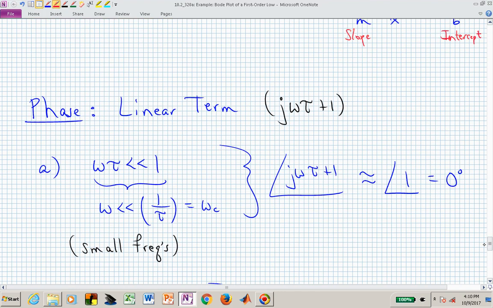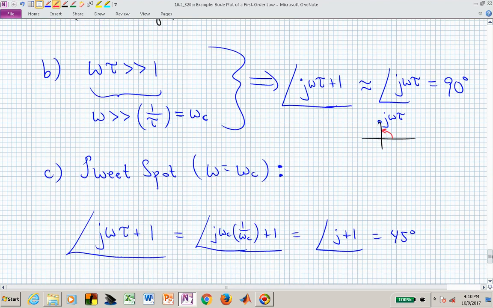Anything a factor of 10 less than the break frequency, we're going to approximate as 0 degrees. What do we do at the sweet spot? The sweet spot is actually at the break frequency, when omega is equal to omega sub c. We plug in omega equal to omega sub c.